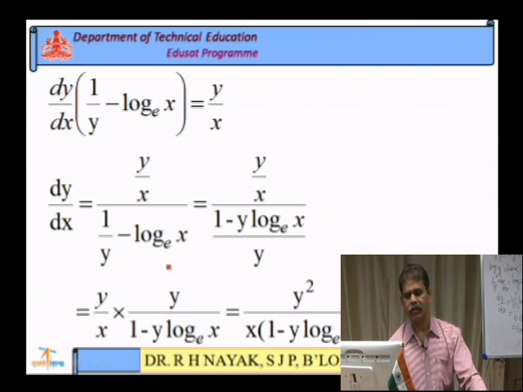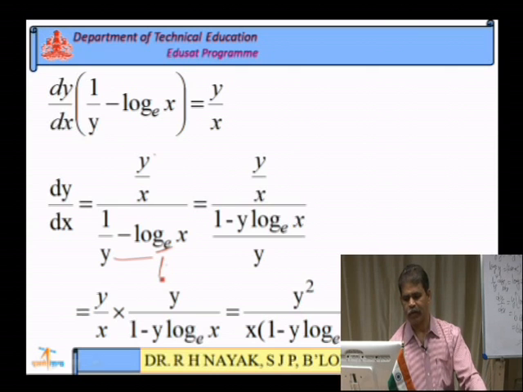Then how to do further simplification? We have no need of taking LCM on both sides; in the denominator only you take the LCM. Here it is 1, therefore the LCM becomes y, and the numerator is 1 minus y log x.